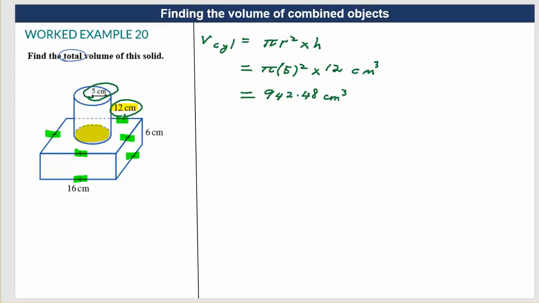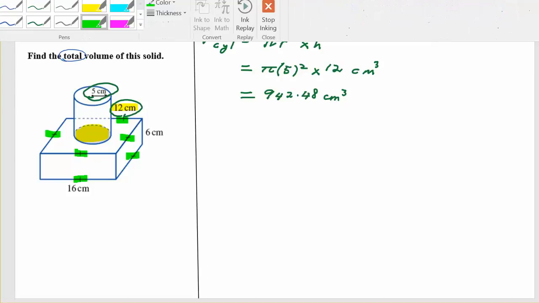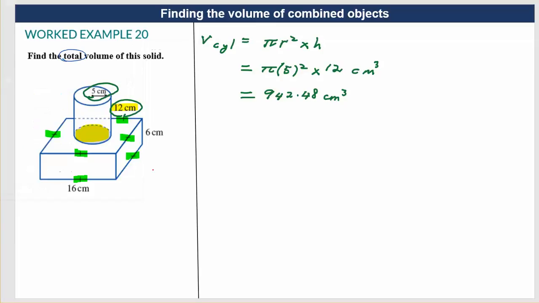So what that means is, let's write it on our diagram. Let's use a different colour. I'll use red. This length here is 16, and that means this length here is 16. So all these side lengths are equal, they're the same.